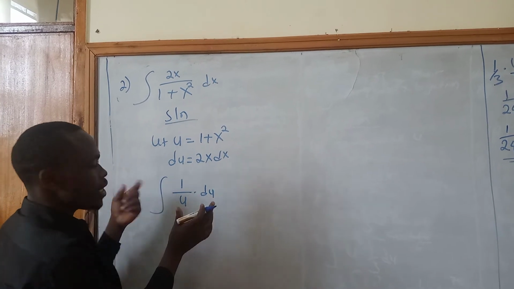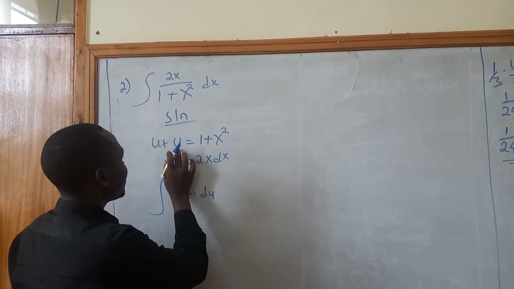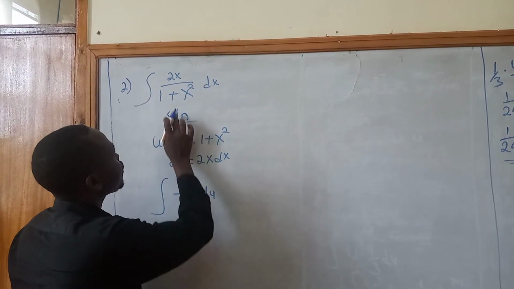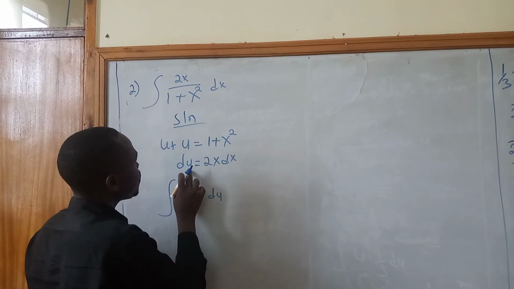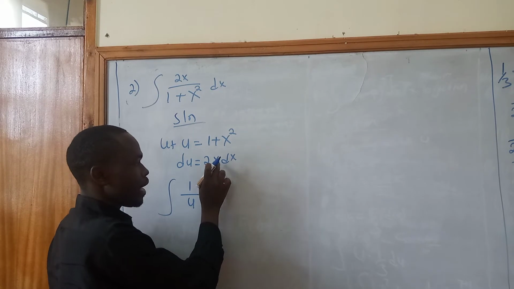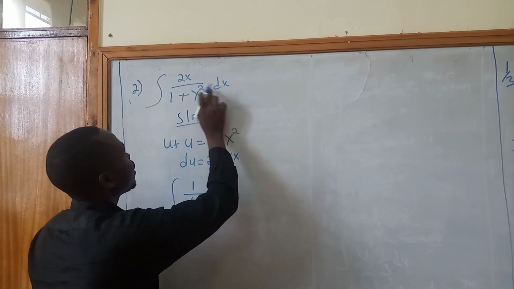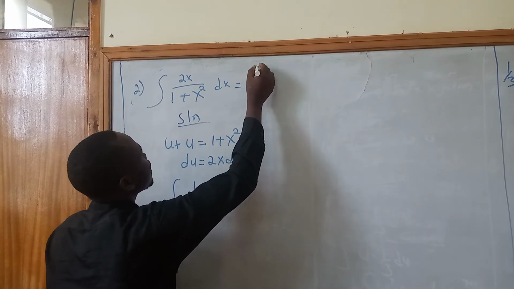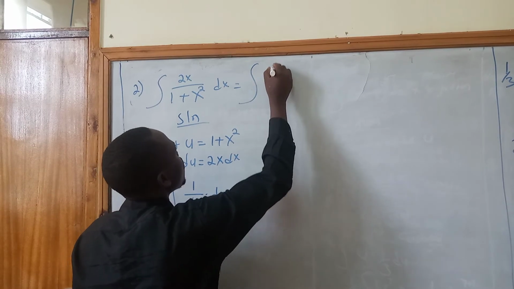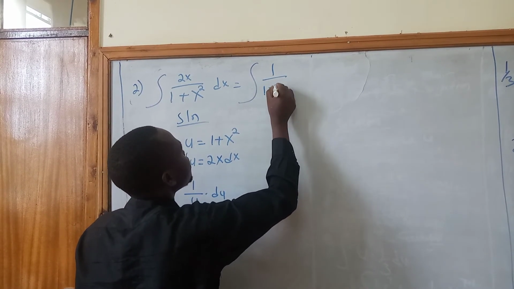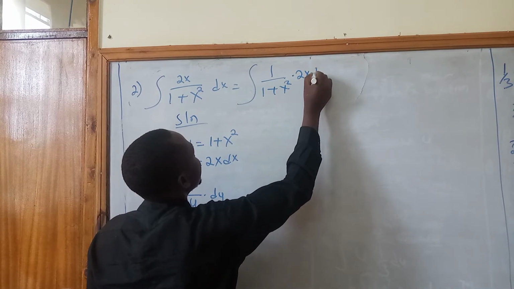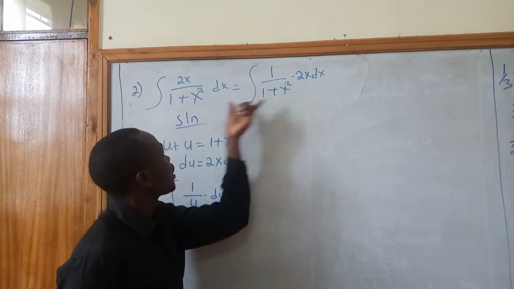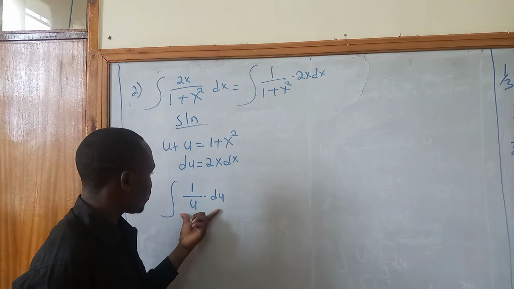What I've done here, in place of u, I've substituted 1 plus x squared, and du is the same as 2x dx. If I rewrite it, it's the same as 1 over 1 plus x squared multiplied by 2x dx.